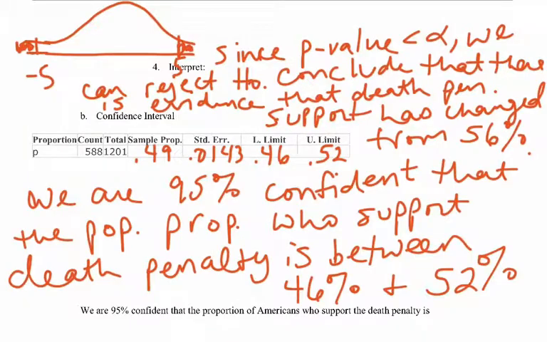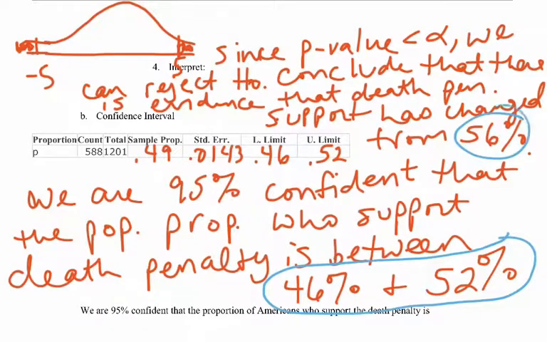So does that support what we said about the hypothesis test? Remember, the hypothesis test said that we have changed from the 56% in some way. So absolutely, this supports that. How do I know this supports that? Because we're saying in the hypothesis test that the population proportion is no longer 56%. Well, your confidence interval says we think it's between 46 and 52%.